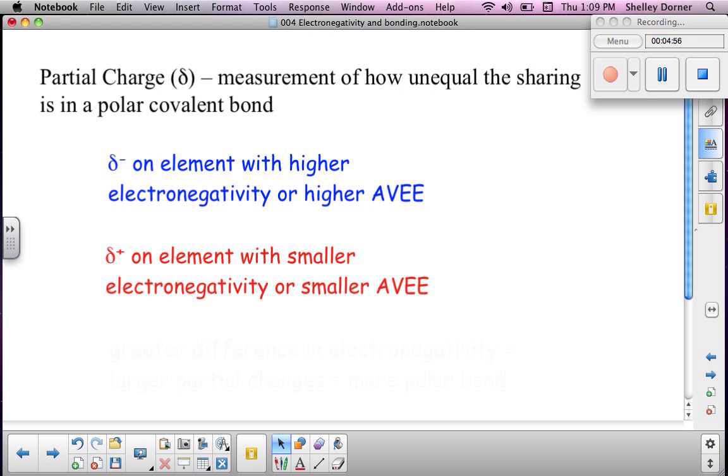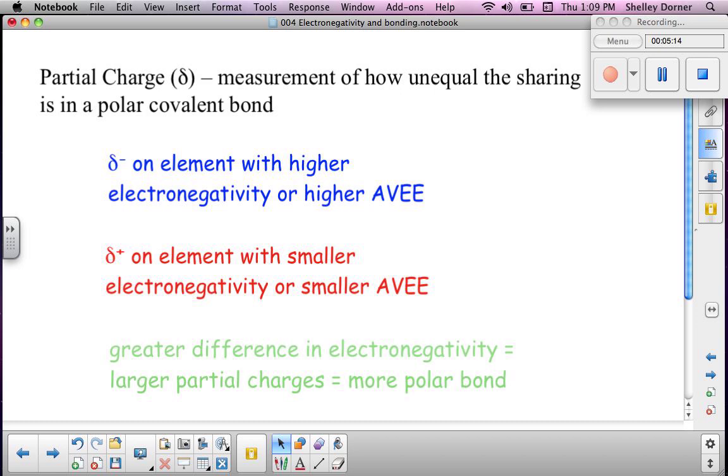And the partial positive always goes on the element with a smaller electronegativity or the smaller average valence electron energy. Also remember that as the difference in electronegativity between the two elements in the bond increases, the value of the partial charges increases as well, and those larger partial charges indicate that you have a more polar bond.